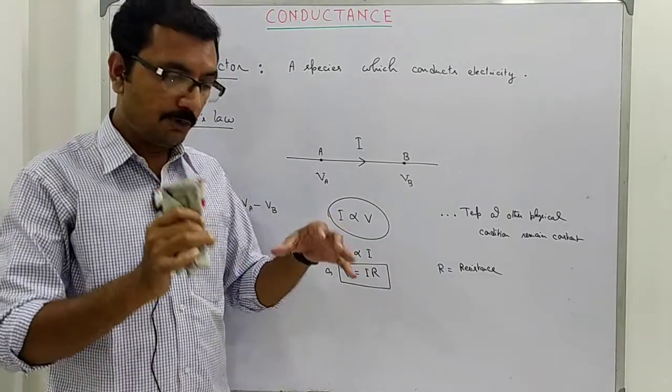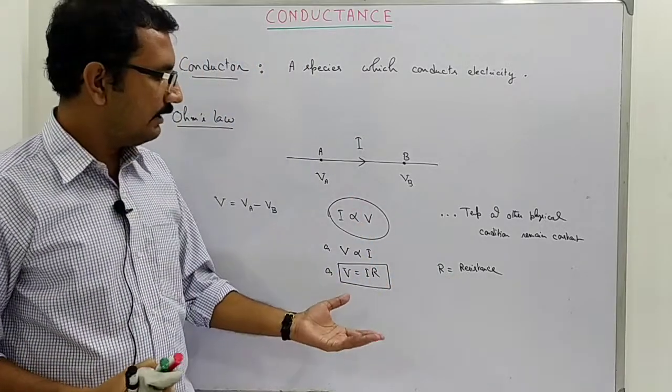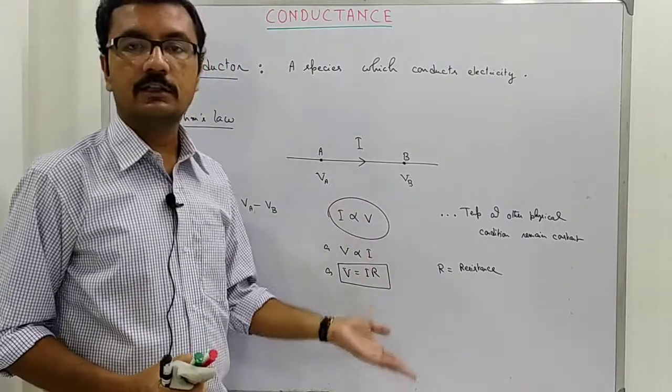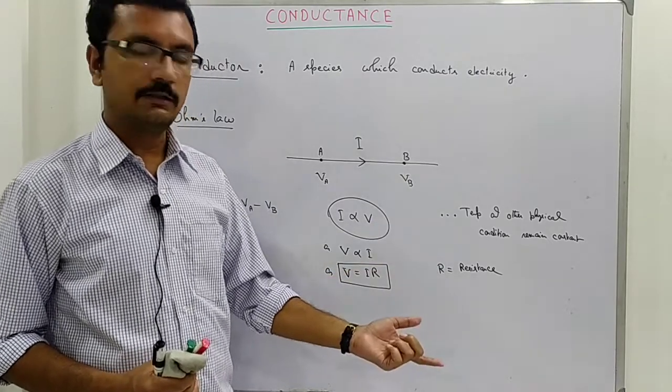So, the necessary information regarding the system is being incorporated in the proportionality constant. So, do not neglect it. This is the most important part.